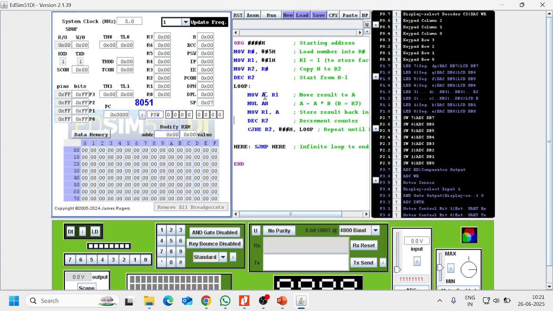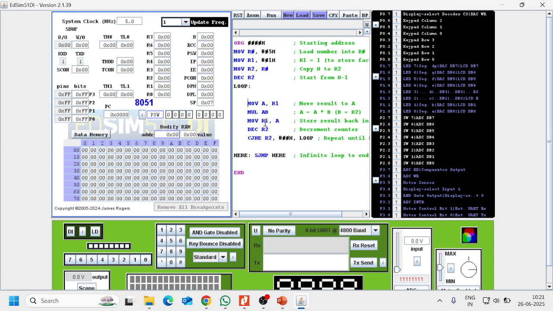So 1 has been moved to A register, and then you are multiplying with MUL AB. Here we have to write one more instruction: move B comma R2.